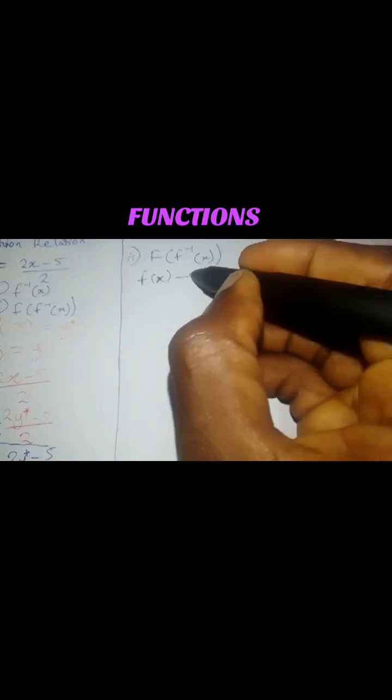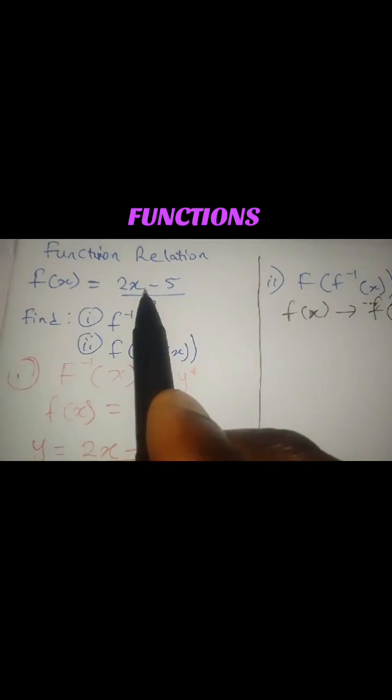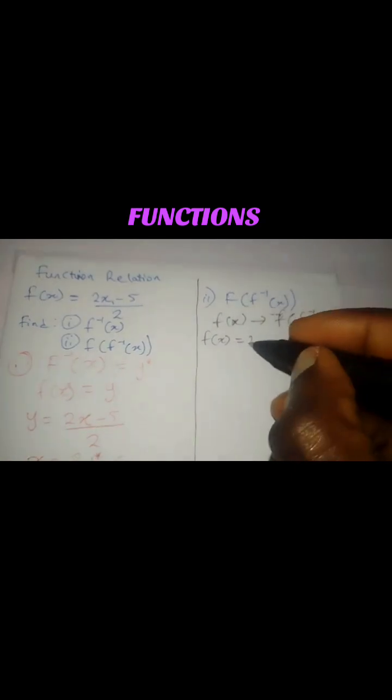That means from here, what I want actually is that instead of saying f of x, now let's say f of f inverse of x. So what am I going to do? I'm going to recall f of x. And from this f of x, instead of writing this x, I'm going to write the value for f inverse of x for it. So recall that f of x equals 2x minus 5 divided by 2.